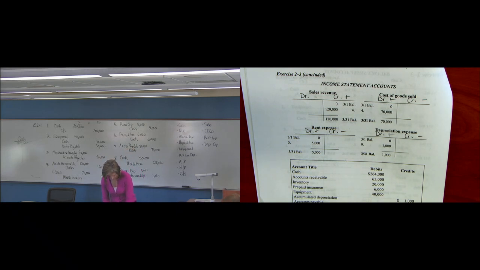I was just curious. I don't know if there's such a thing in here. I know there was one at the end of the Accounting 101 book. I don't think there's one in here.